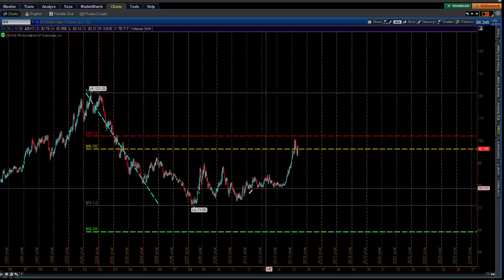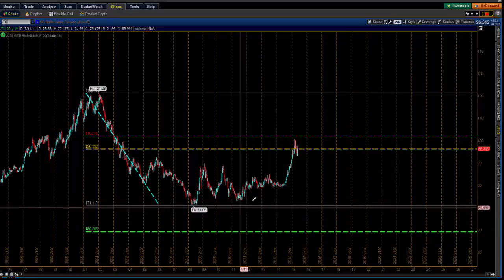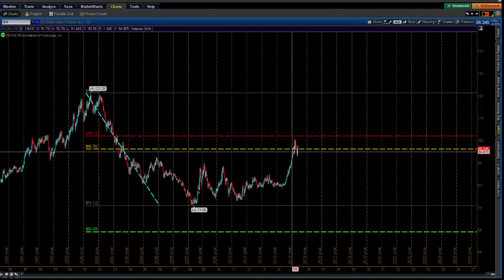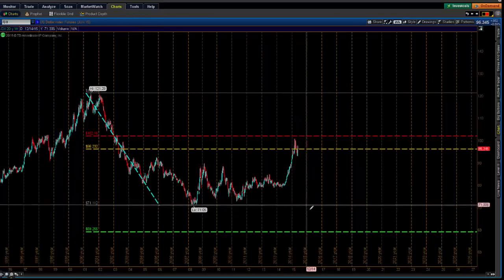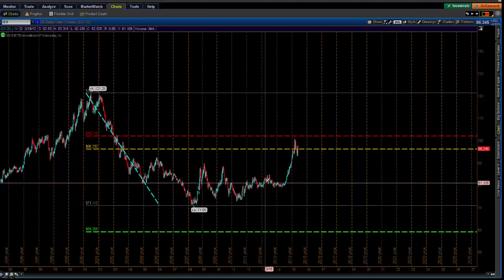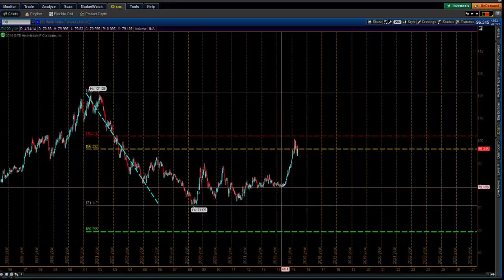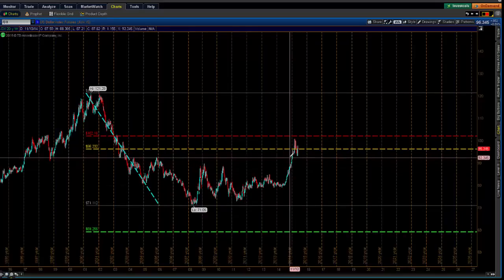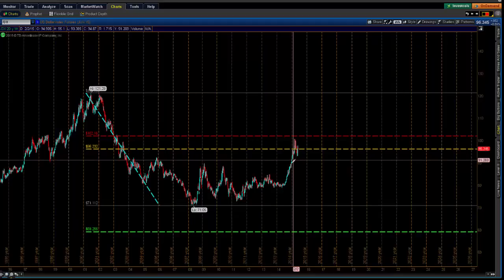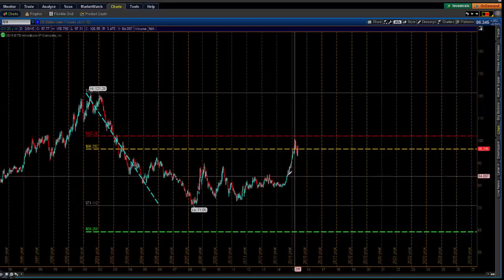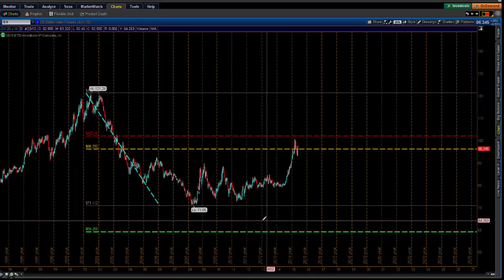What this is telling me is pretty much people are buying the rumor and they're already selling the news. The dollar is rallying off of this rate hike that's supposed to happen soon. The Fed's supposed to hike rates. I believe this is calling a bluff, especially if the dollar really trades lower.